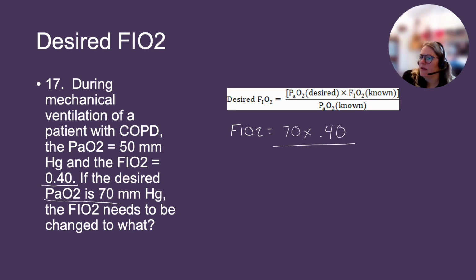And then our known PaO2 is 50. 70 times 0.4 is 28.